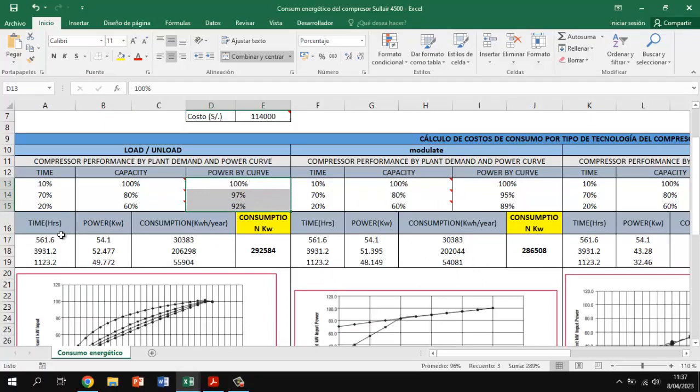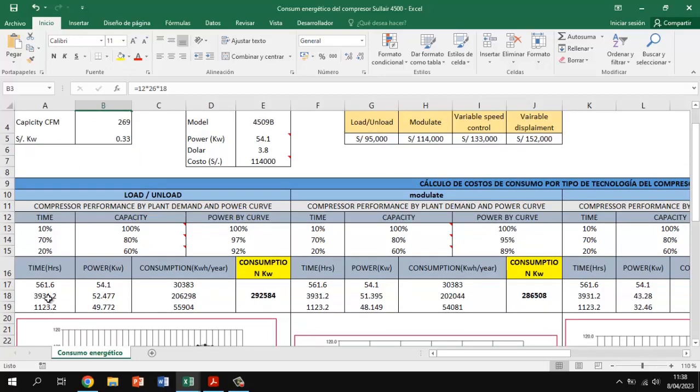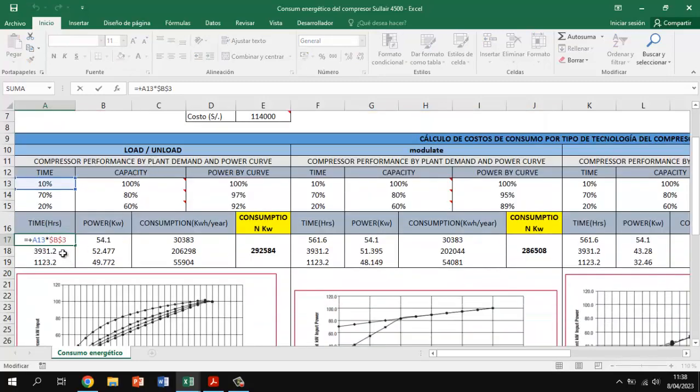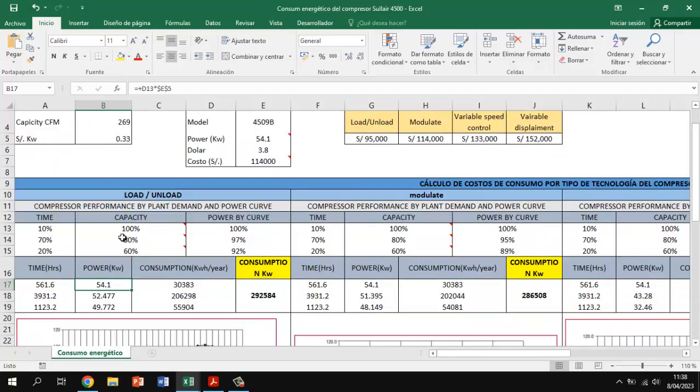Then you just calculate: if we have annual working hours of 5,616, you take the 10% of those working hours, the 70 and the 20. What does it mean? If you have a power of 54.1 kilowatt, what does it mean?